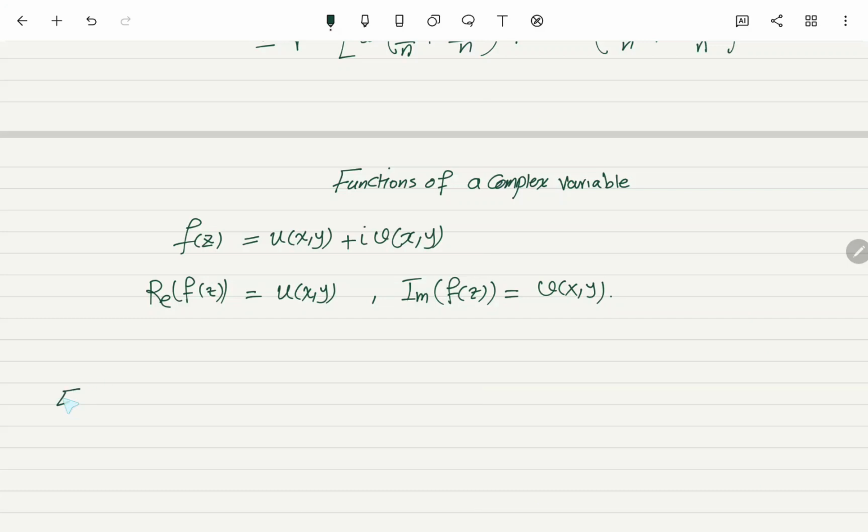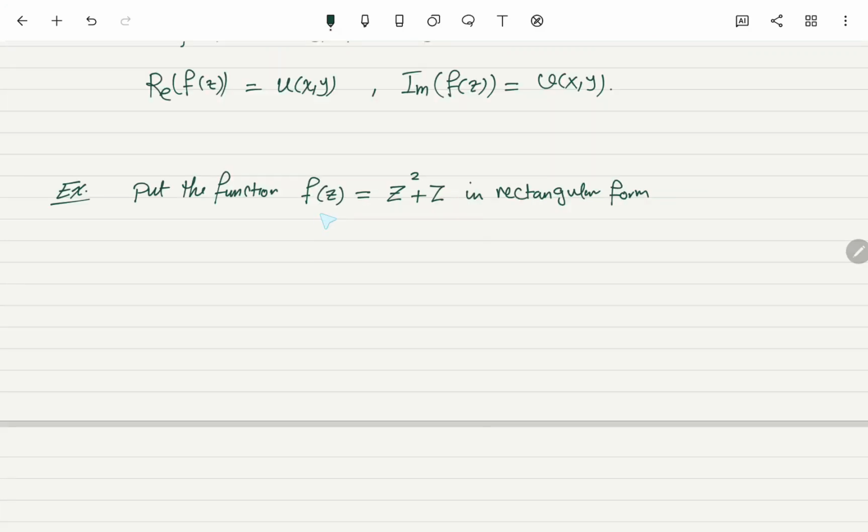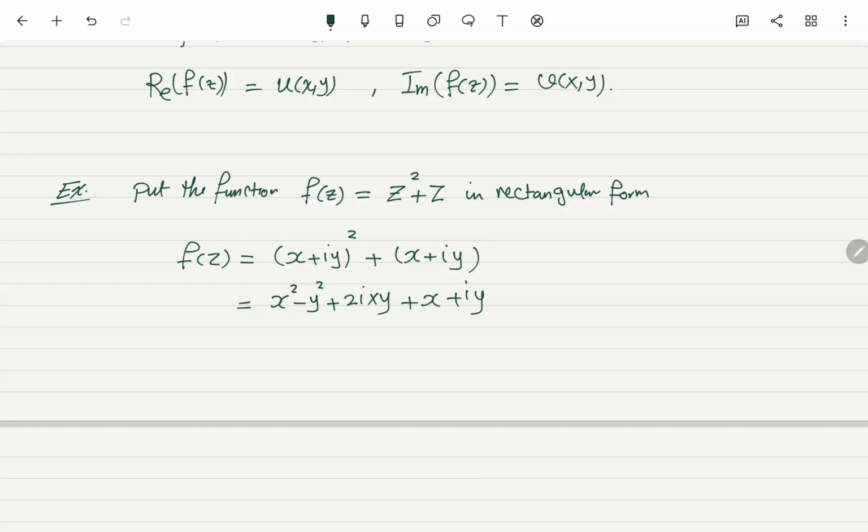Example: put the function f(z) = z squared + z in rectangular form. To solve this, f(z) = (x + iy) squared + (x + iy). Now, x squared minus y squared plus 2ixy plus x plus iy.